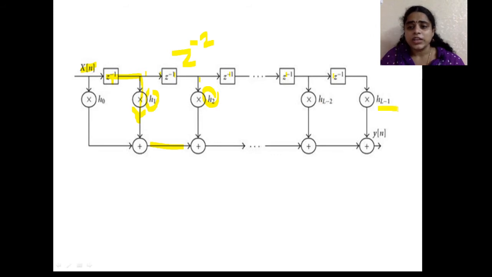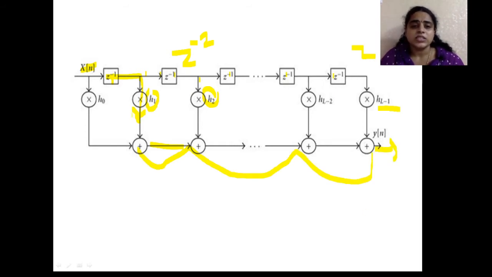It will go till h of L minus 1. Here the variable they took as an example is capital L. Whether the variable is capital M or capital L, it doesn't matter, both are the same. After here this is Z power minus (L minus 1) into h of L minus 1. Everything will get added here to form our y of n.